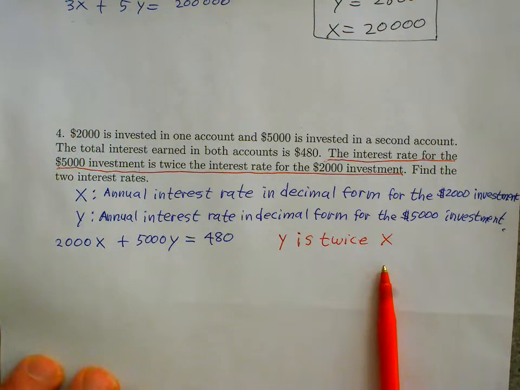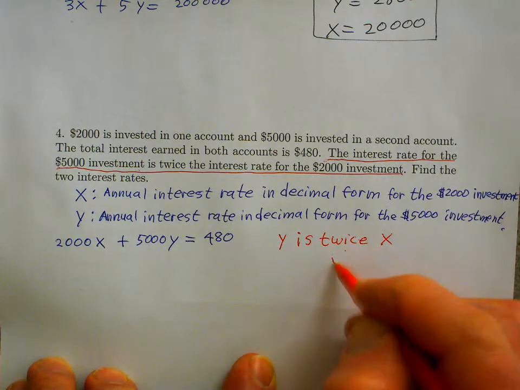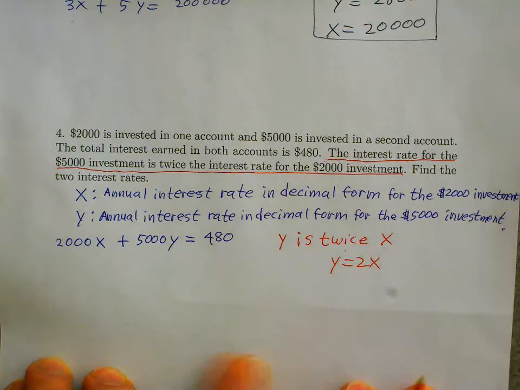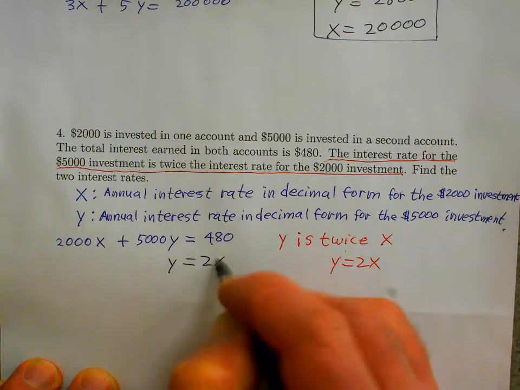Y equals 2x. Yes, Y is twice the amount of X. So this is turning out to be pretty nice, actually. Y equals 2x is our second equation.